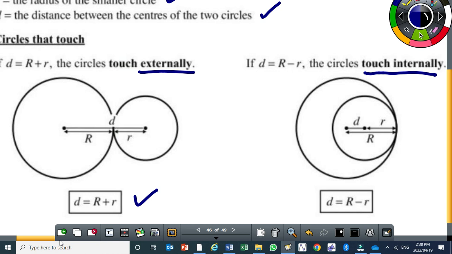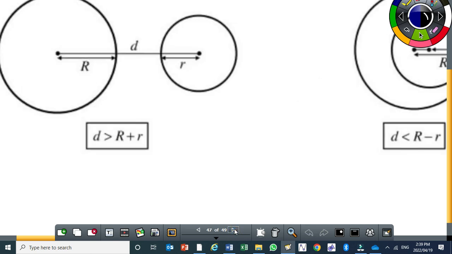What do you think is going to happen if the two circles don't touch? What do you think will happen to the value of D? The value of D will increase. So if the two circles don't touch, D will be greater than the sum of the two radii. Okay? So let's move on to the next page.